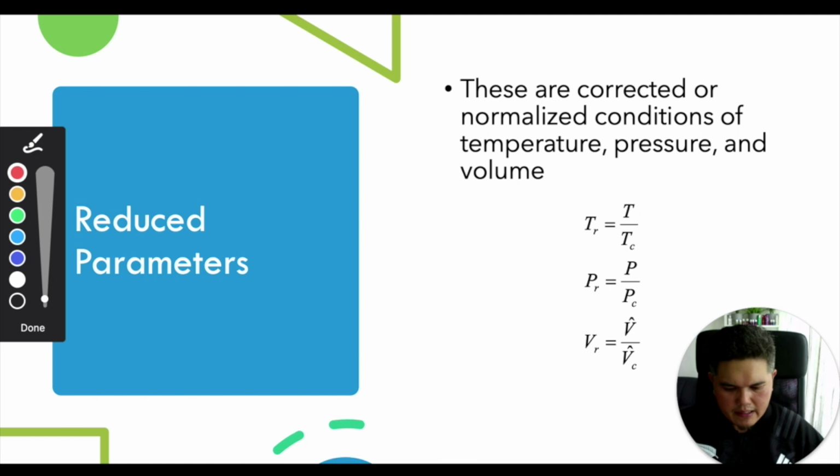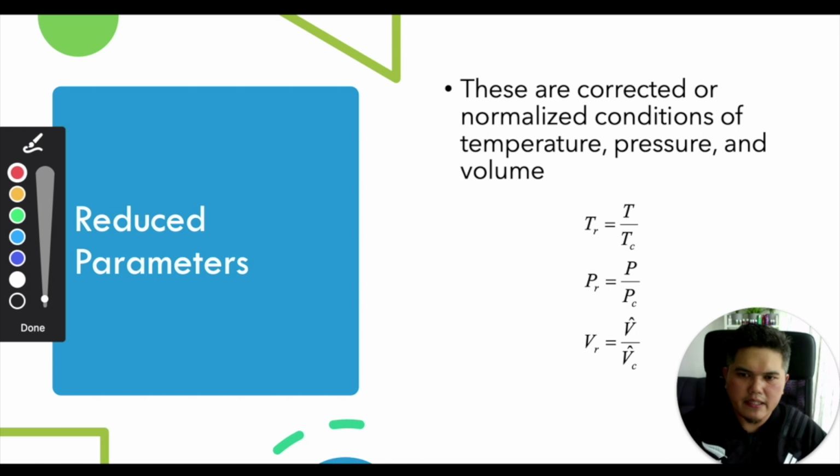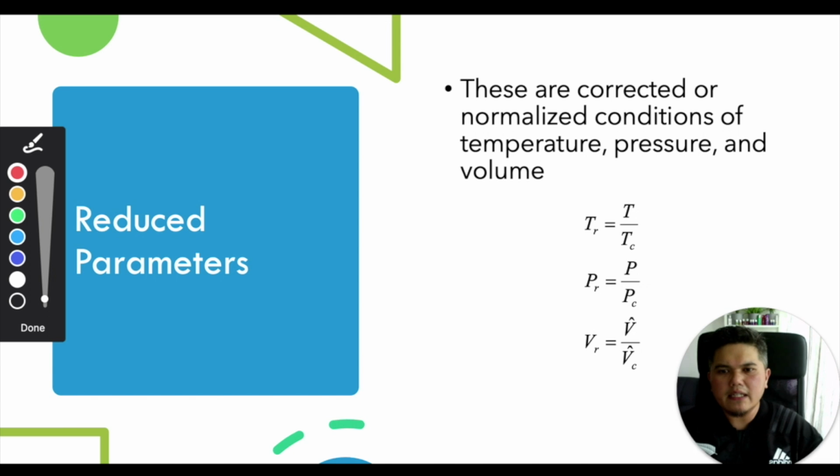We are assessing the conditions, and TC is something that you can obtain from the phase diagram itself. Similarly with PR, which is reduced pressure, as well as reduced volume. Everything that we calculate is the actual condition given divided by the critical temperature, critical pressure, or critical volume at that particular condition of critical points. So we divide by that. This is where we get the reduced parameters.